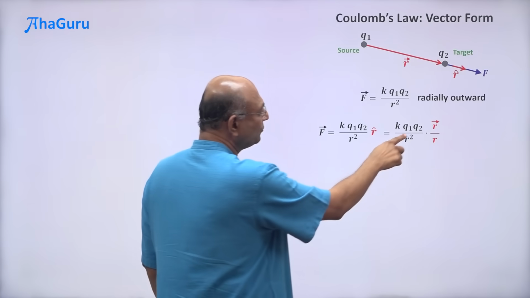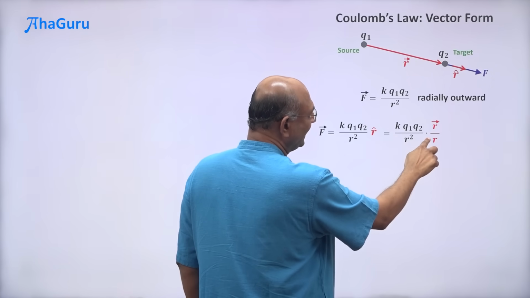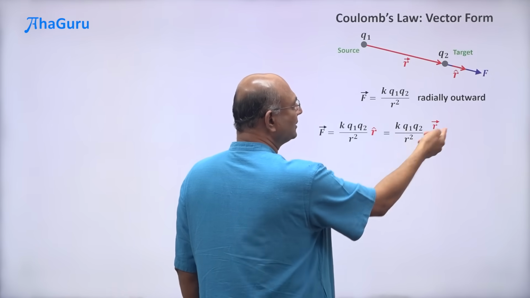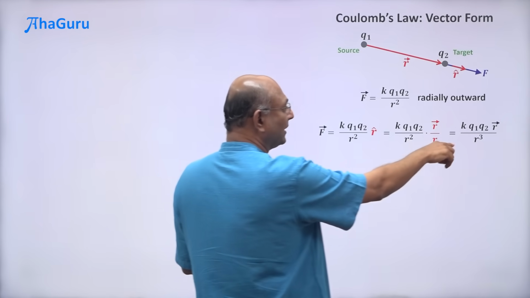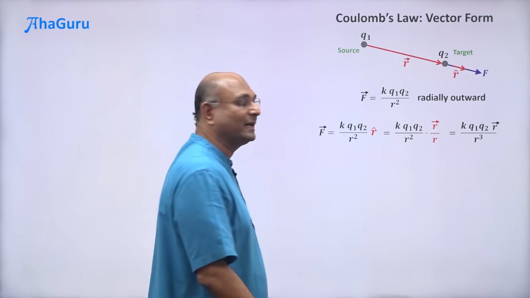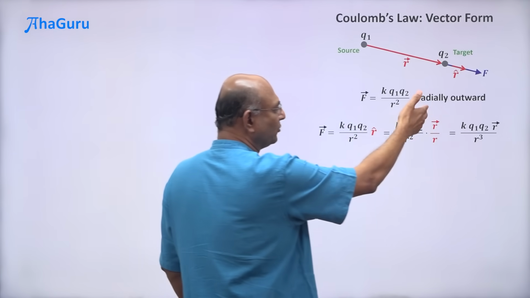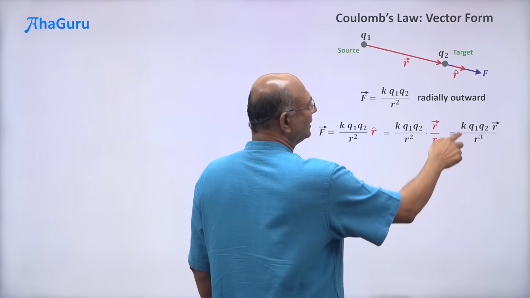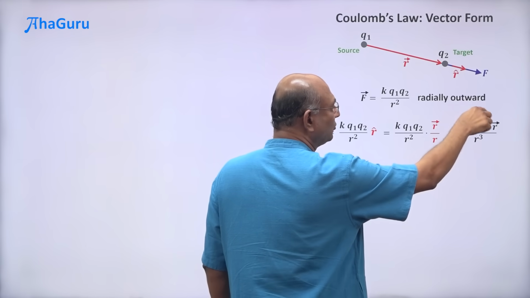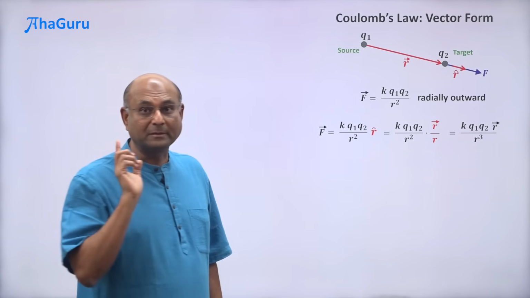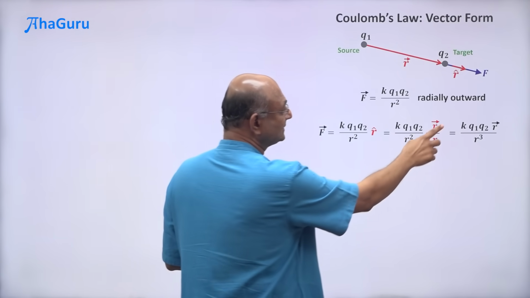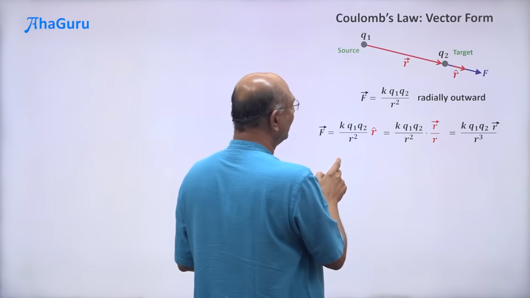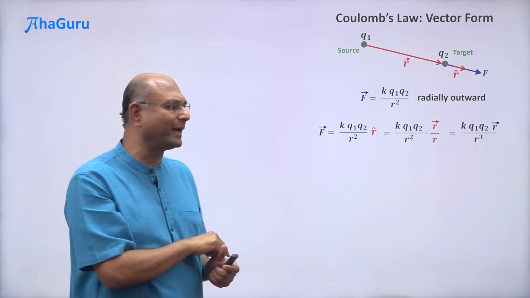But if you look at this, R square into R is R cube. So I can write it as K Q1 Q2 by R cube into R vector. R vector you can put in the numerator or on the side. Now please remember that when you look at it this way, it feels like a 1 by R cube formula, whereas this was a 1 by R square.